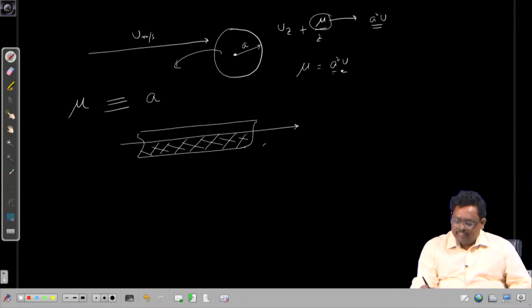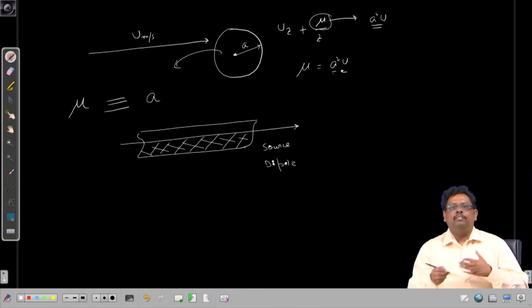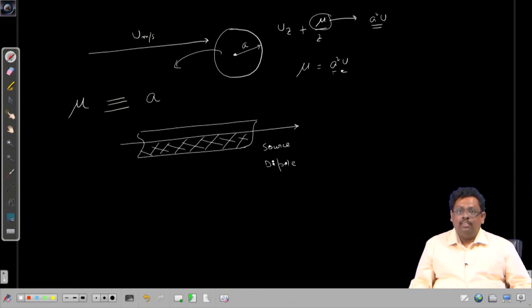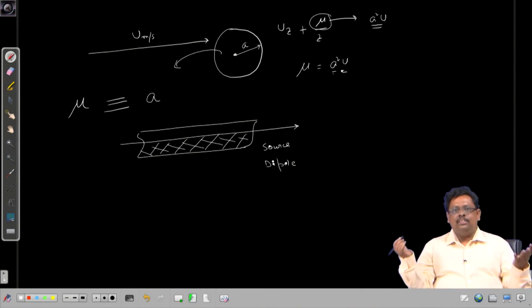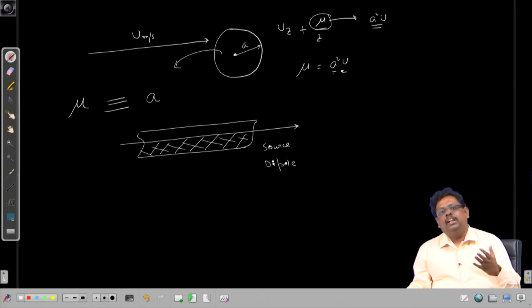Is it a source, or is it a dipole, or is it a combination of both? I do not know. Also, I do not know what would be the strength of the source, or the strength of the dipole.